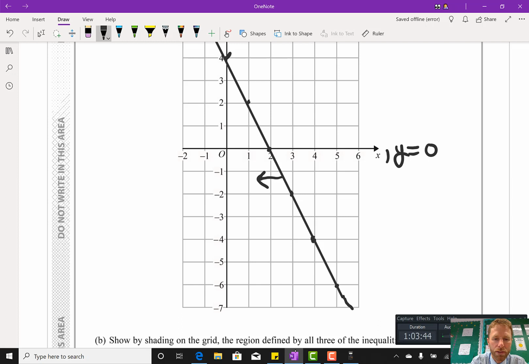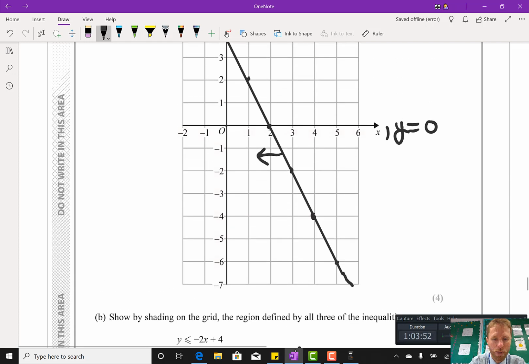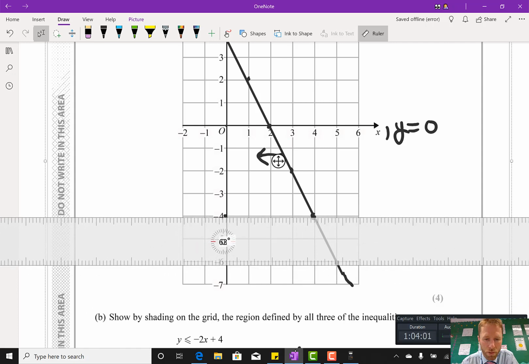We haven't gone up, we haven't gone down. On the y-axis we are at 0. This asks us to be at -4, so y is -4, there is -4 on the y-axis. So dead simple, get my ruler and draw the line y equals -4.